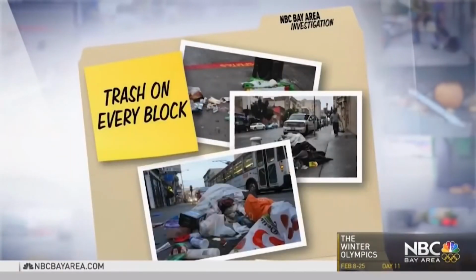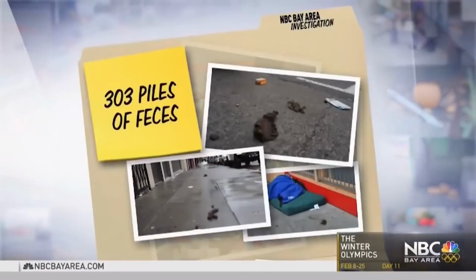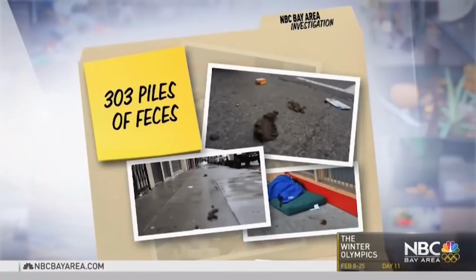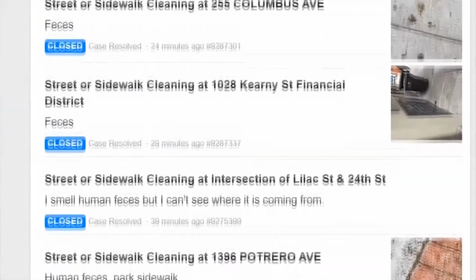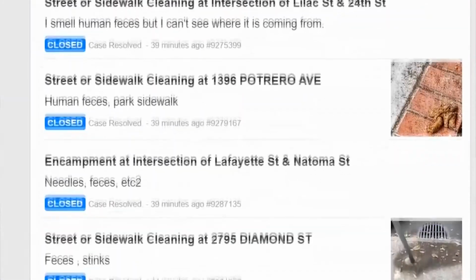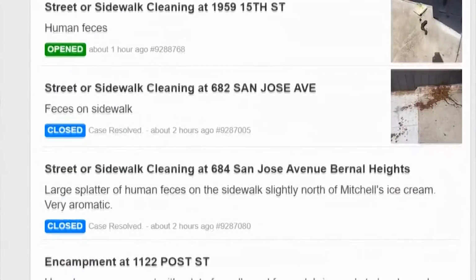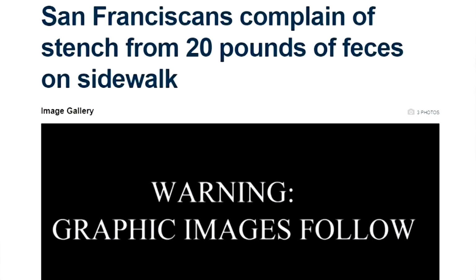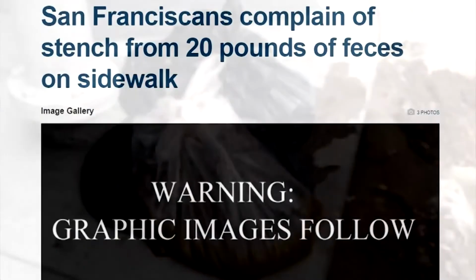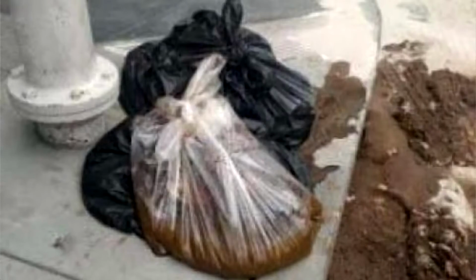We found trash on every block, 303 piles of feces, and 100 needles. There's a website where residents can log complaints with the city. You can go on it at any time and find thousands and thousands of reports about feces. New ones are filed roughly every 20 minutes. In one case, a quote, big bag of poo filled with approximately 20 pounds of feces that was oozing out was discarded on a San Francisco sidewalk.